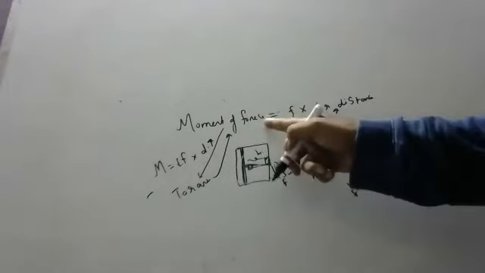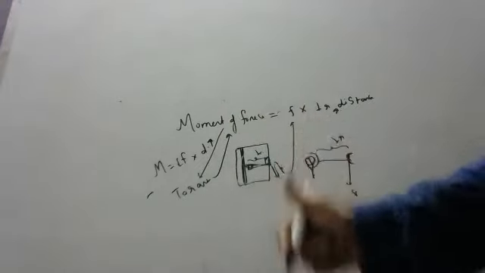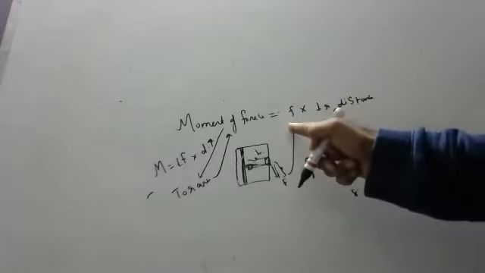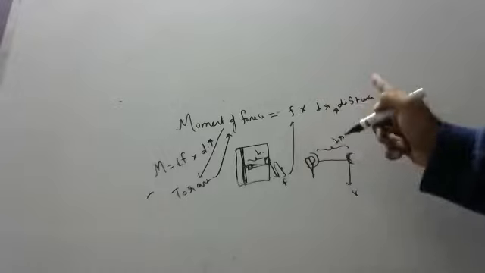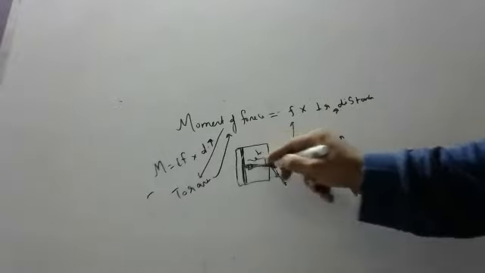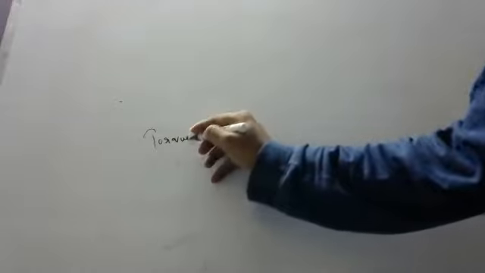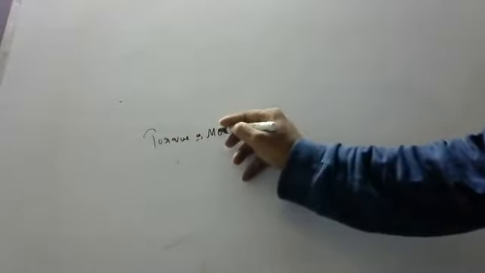So the moment of force or torque is equal to what? The product of force and perpendicular distance. The torque or moment of force is responsible for the turning effect.